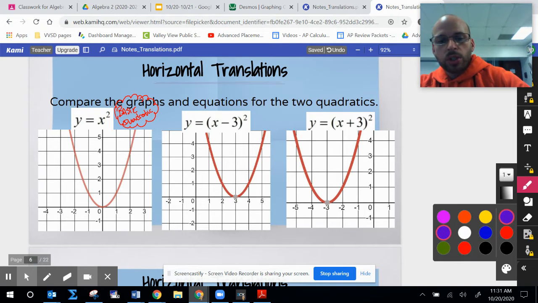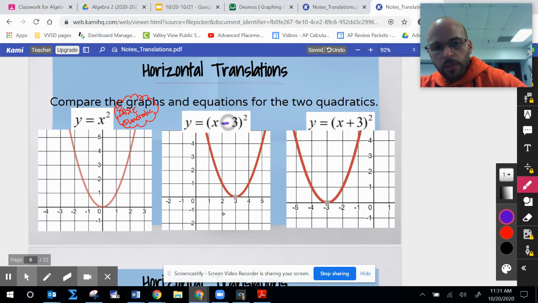Now, if you were to subtract 3 from the inside of that function, what that's going to do is rather than being at the origin, it's going to move it once, twice, 3 times to the right. So it's going to move it 3 units to the right.